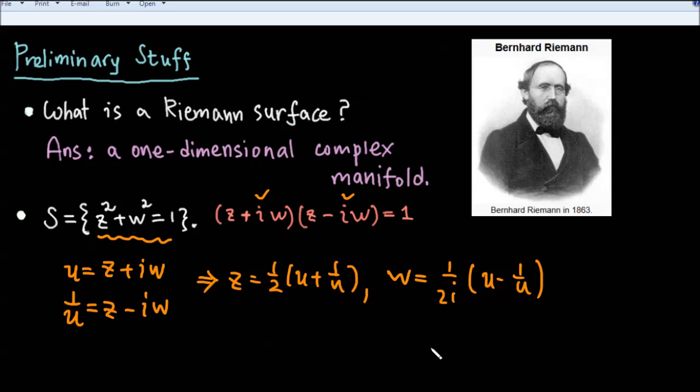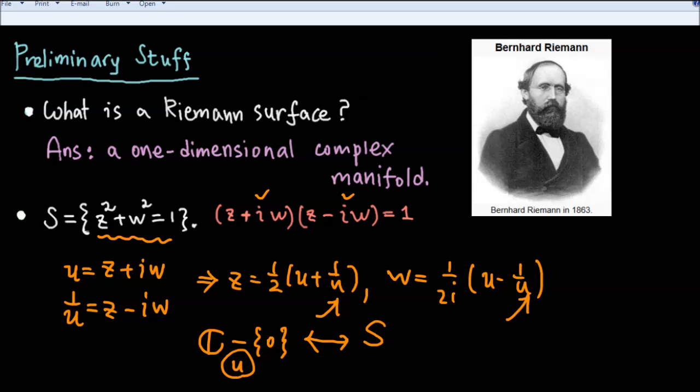This is a typical rational parameterization of a hyperbola. But the problem is that U is not defined when U is 0. So you look at the entire complex plane and just subtract that one point so that this is defined. Then it turns out this map from the U variable going into ZW creates a biholomorphic map.